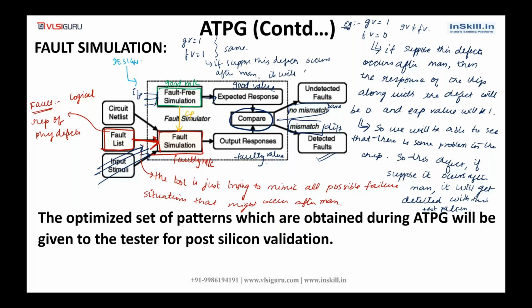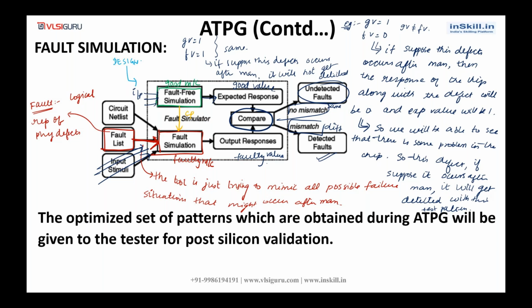So hence the tool will place it into the not detected class. Good machine simulation and faulty machine simulation, if they are same, the tool will place those faults into the not detected class. Not detected or undetected class means that if any of the faults from this class occurs after manufacturing, it will not get detected with a generated test pattern.